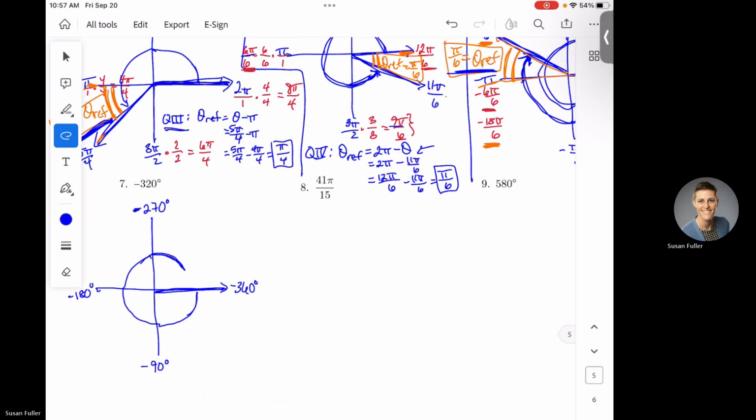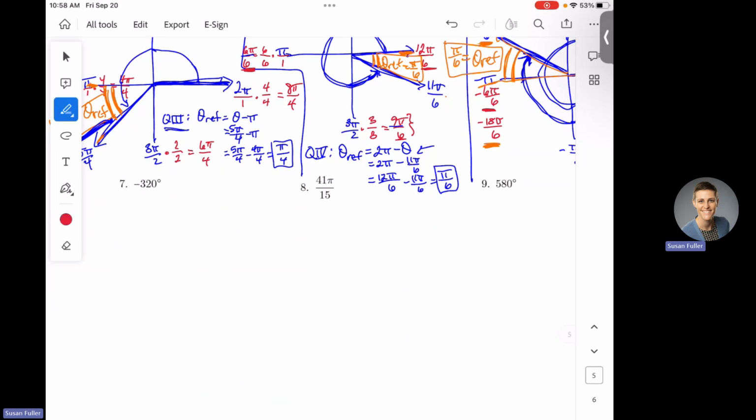Right, because halfway would be what, 300, my brain doesn't want to do that right now. 315. So we're slightly past halfway. Okay, so our terminal side is here, a little over halfway. And I got to put my arrow on here so that I know which way we rotated. And so this is my negative 320 degree angle in standard position.